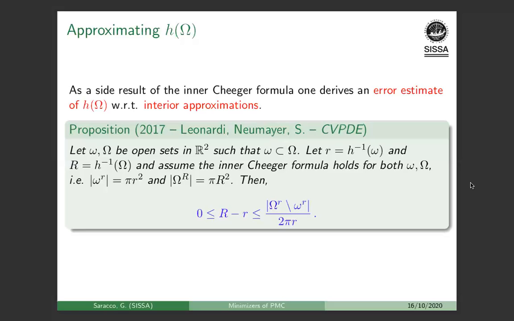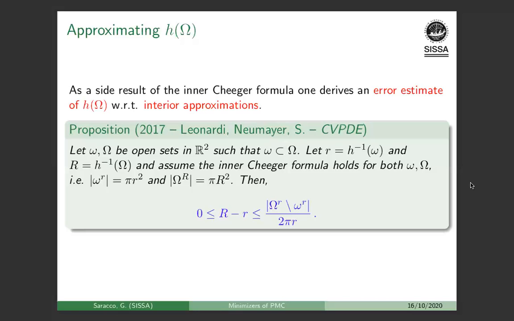But what is interesting is that we can bound it from above with the following quantity, which is given by the mass of the set difference of the inner parallel set at distance small r of big omega minus the inner parallel set at distance small r of small omega, divided by 2 pi times r, okay? So you have this error estimate.